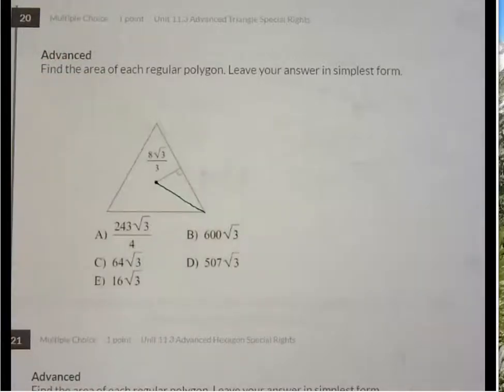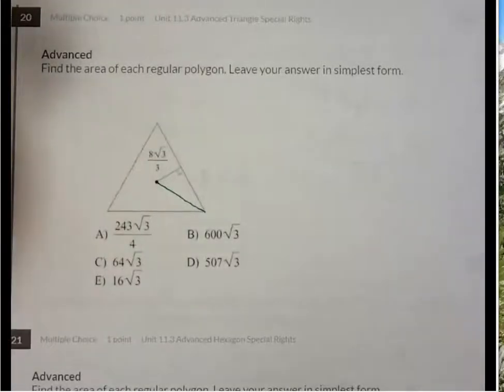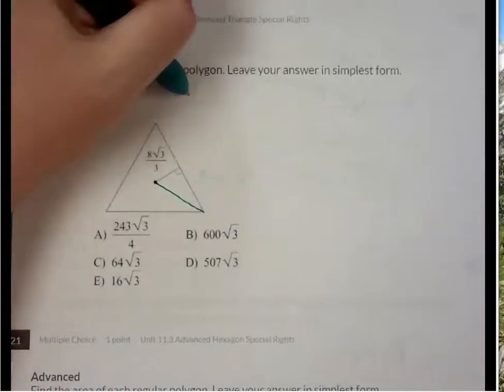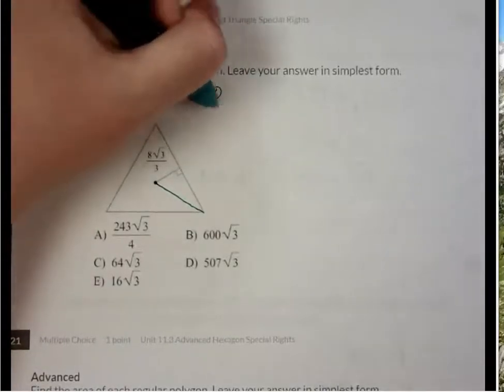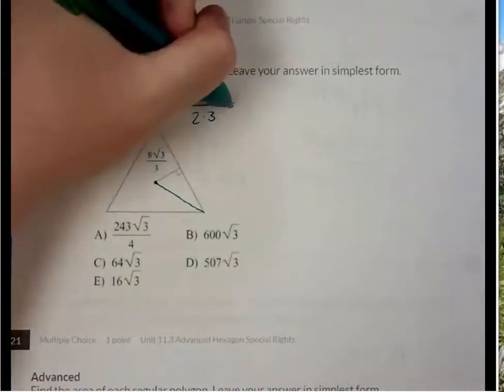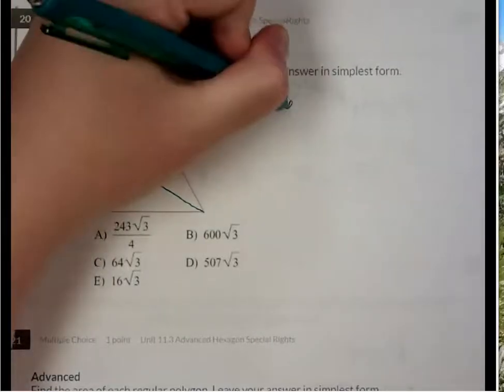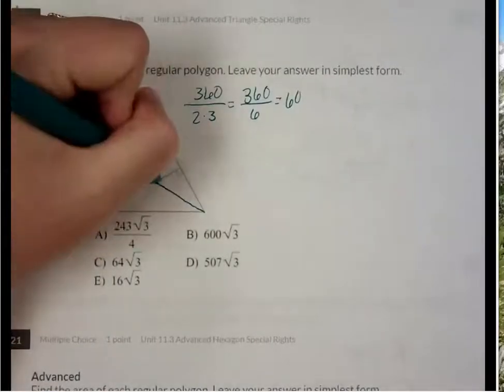Okay, so remember, we have to create a triangle and figure out what the central angle is for this. And so the central angle is always going to be 360 divided by 2 times the number of sides, which is 3 this time. So 360 divided by 6 is going to be 60 degrees. So that is our central angle.